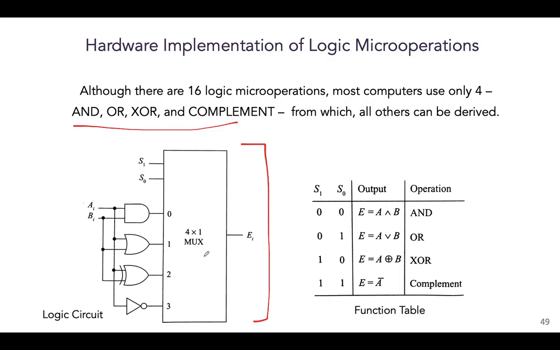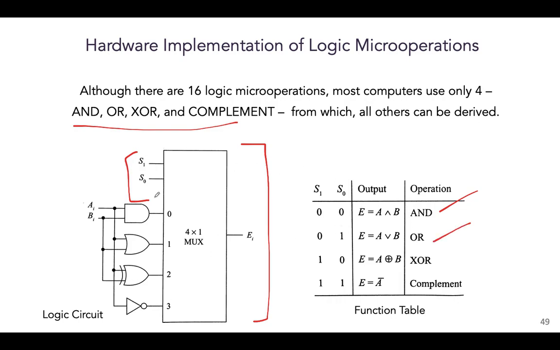Now, since this is the multiplexer, everything is going to be controlled by the selection lines. When S1 and S0 are both 0, this entire circuit performs the AND operation. When S1 is 0 and S0 is 1, this entire circuit performs the OR operation.